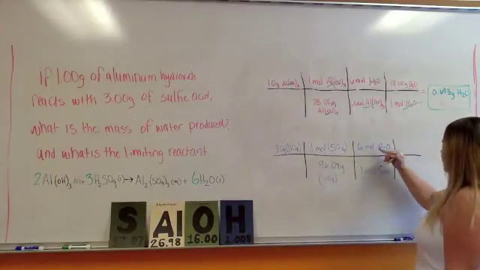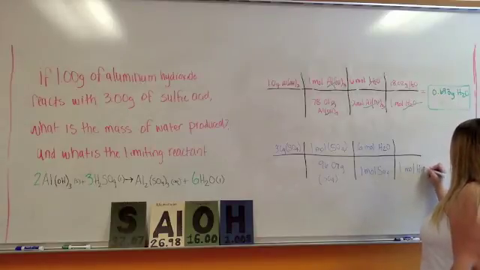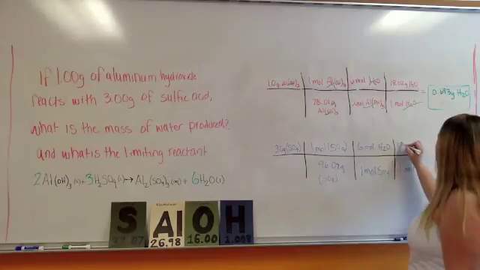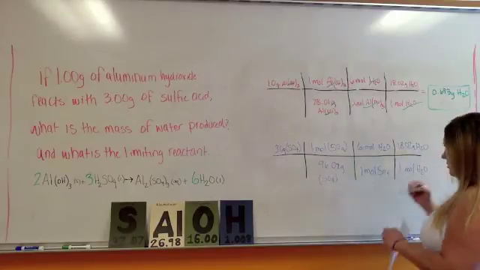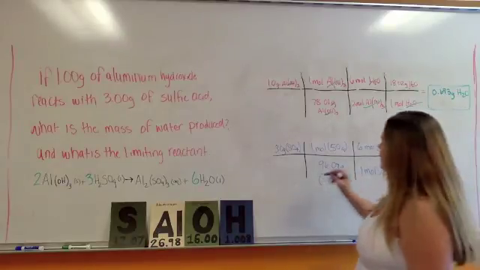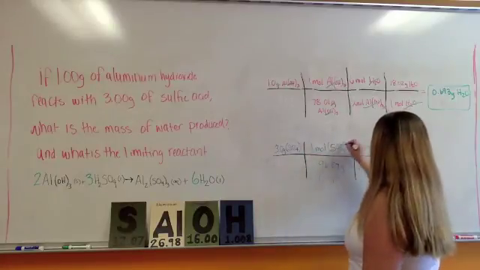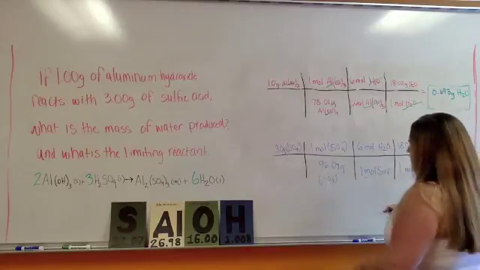And then to get rid of our moles of water, the molar mass will be the same, 18.02 grams per mole of H2O. And then here we can start to cross everything out. So again, grams, grams, SO4, SO4, H2O, H2O.